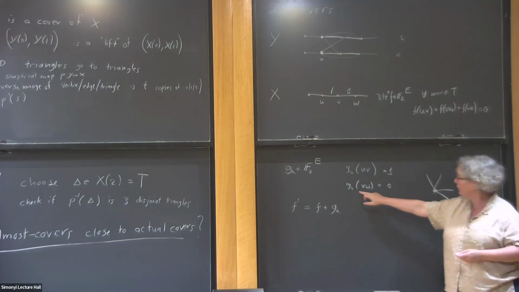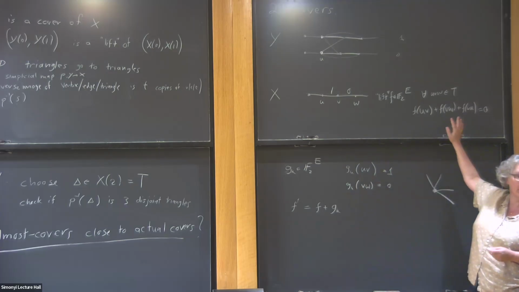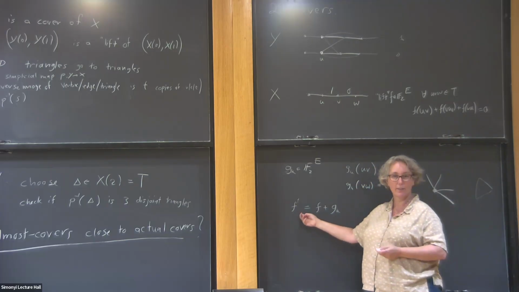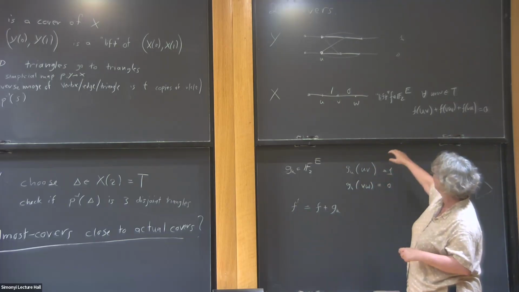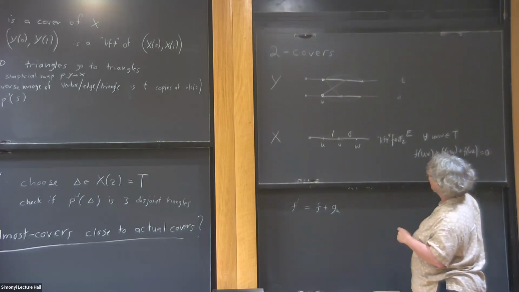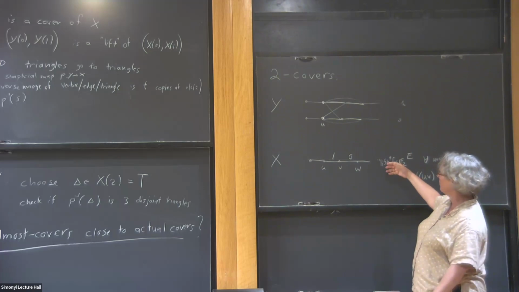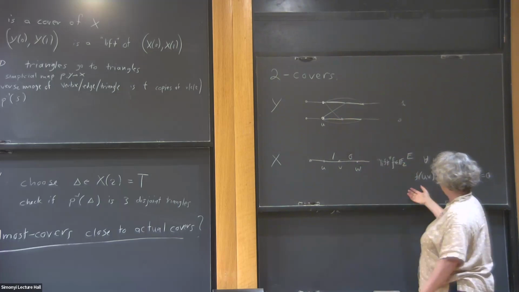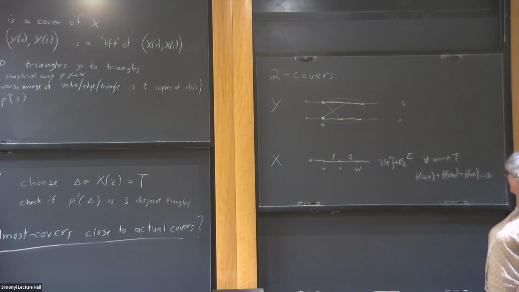So certainly G sub U satisfies all the triangle equations, and therefore F prime also satisfies all the triangle equations. So in other words, when we have a cover F and we move to this F prime by flipping the location of U, we move to another valid cover, that's fine.